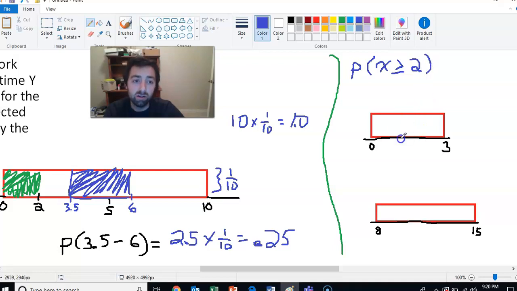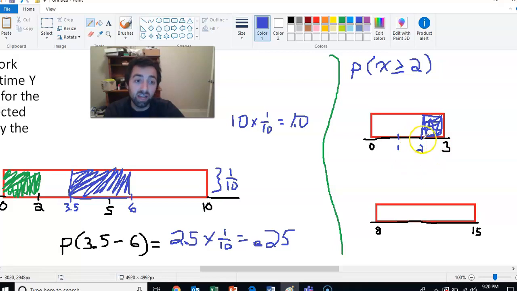So we're going to have 1 right here and 2 right here. The probability that it's going to be greater than or equal to 2 is going to be that shaded area.